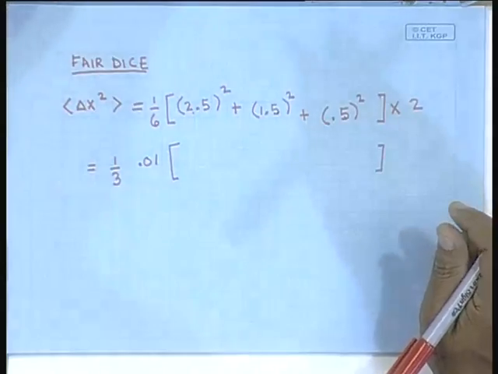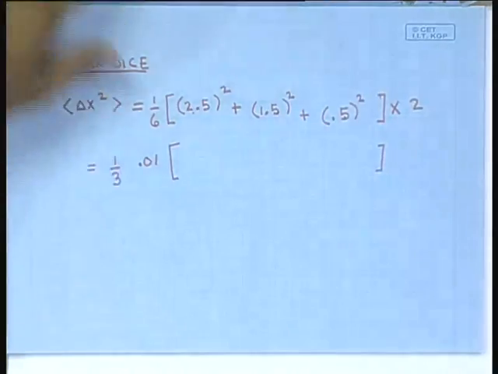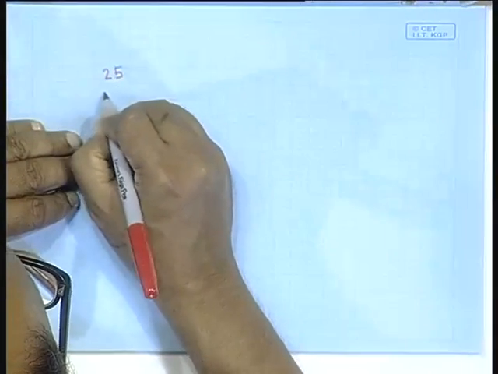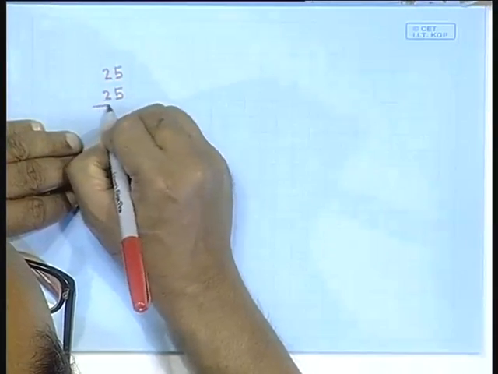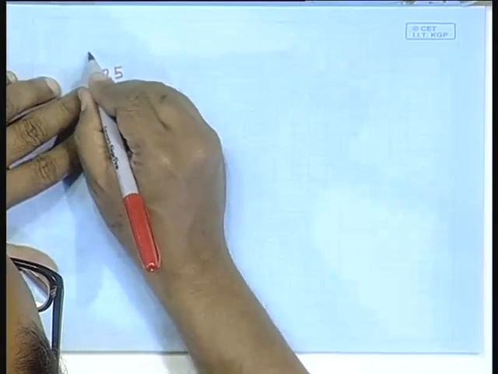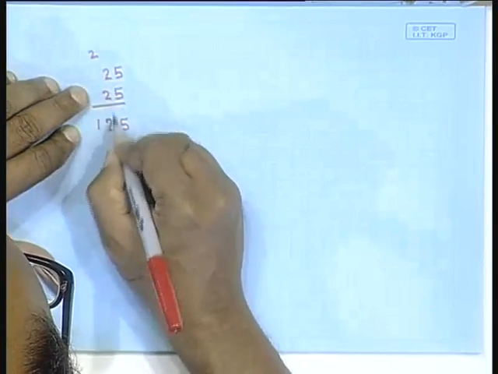Let me work out 25 squared: this gives me 625.